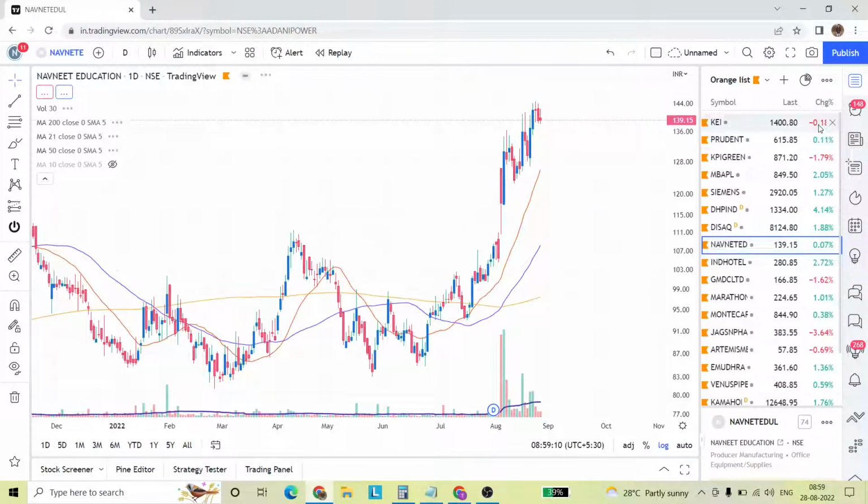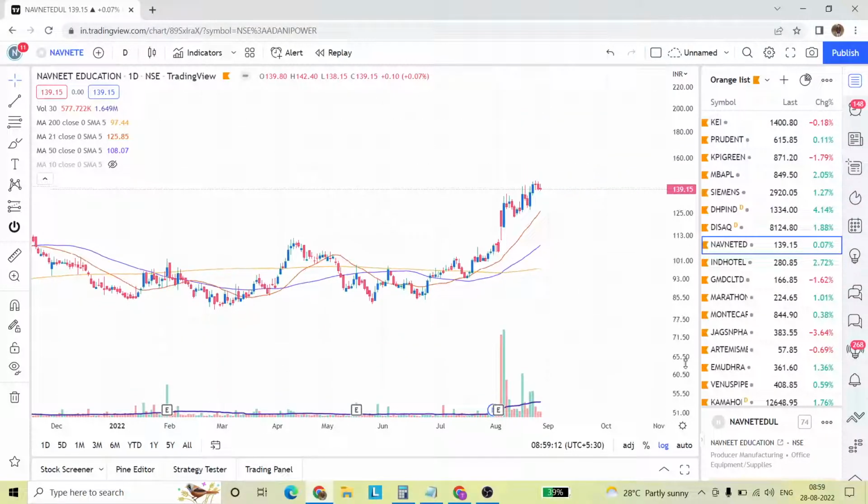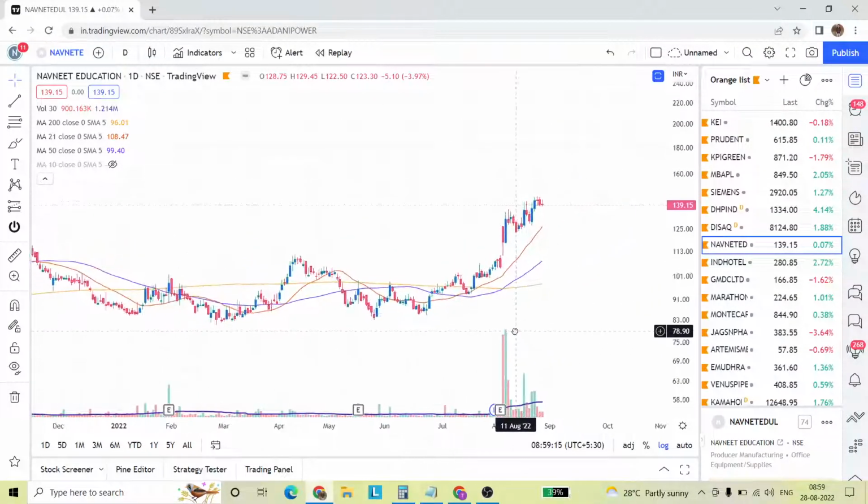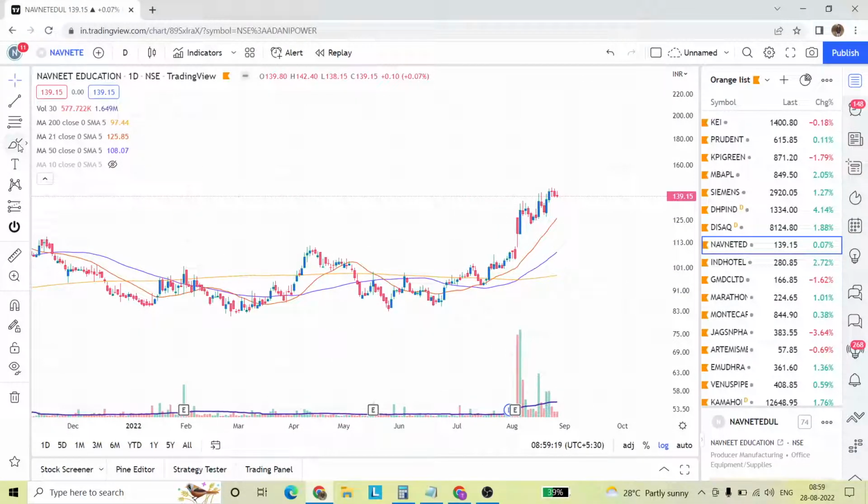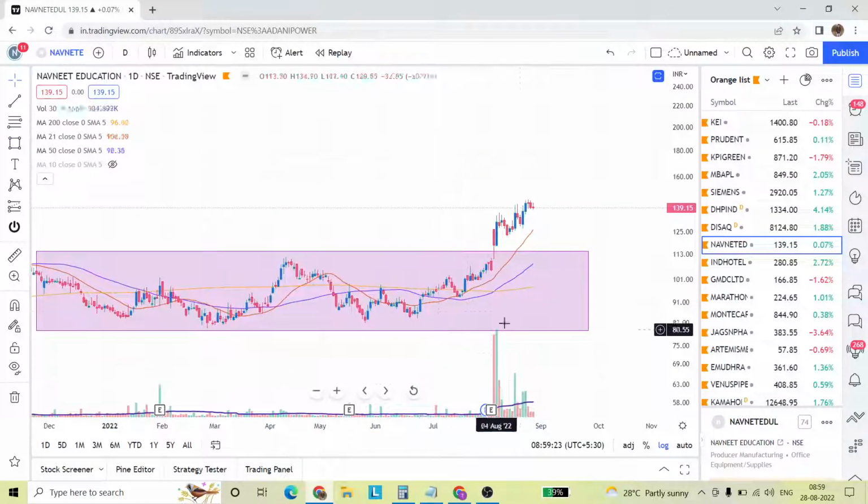Now next up is Navneet Education. If you see here, this is still in stage 1. Why am I saying that? Because look at the 200 DMA. If you notice my trades, I don't trade the stocks which have this kind of flat 200-day moving average. These are in stage 1.